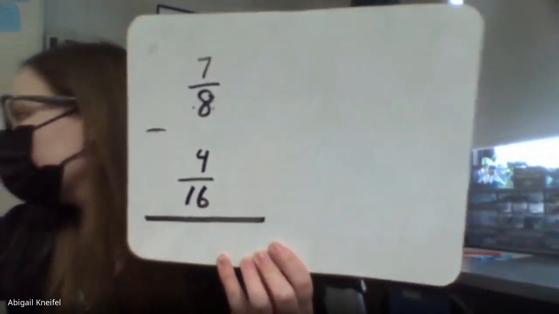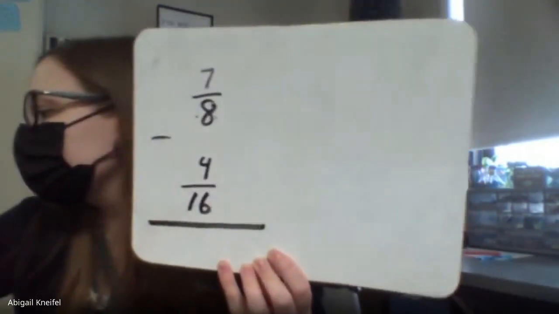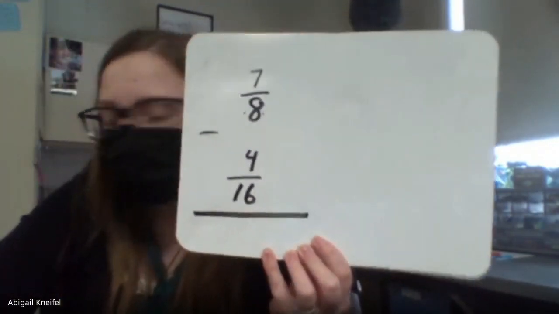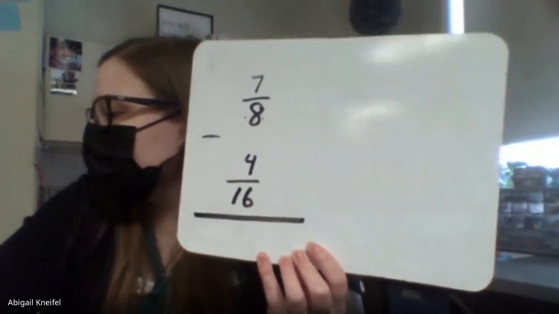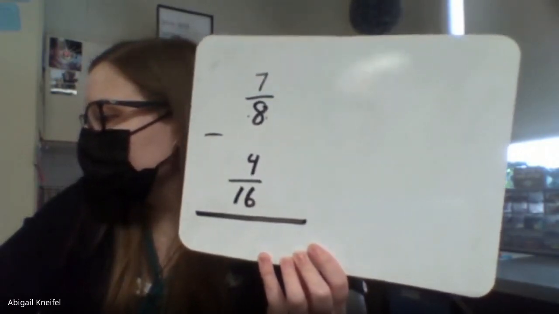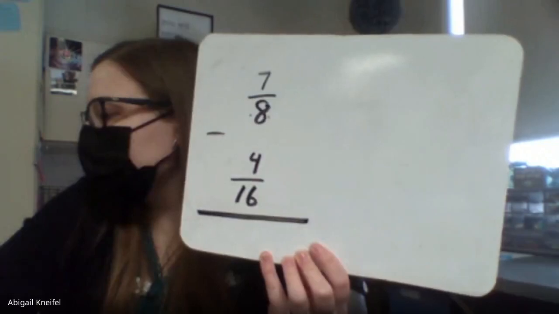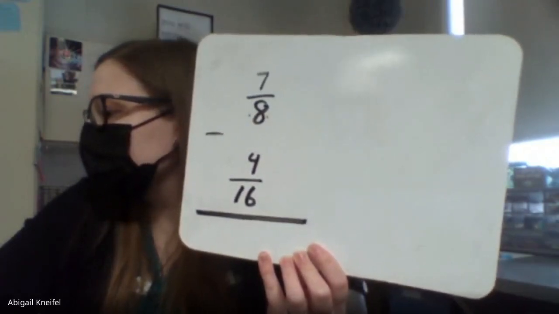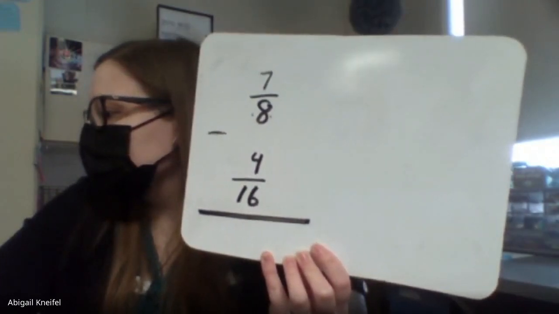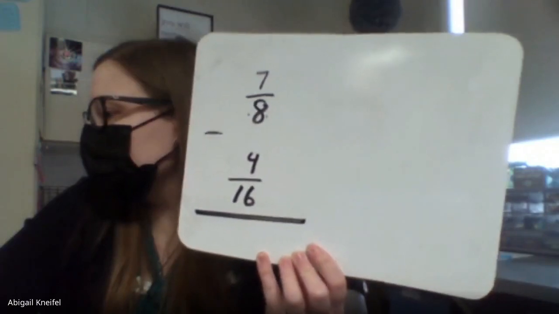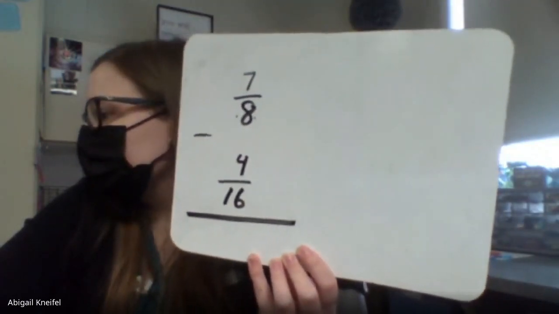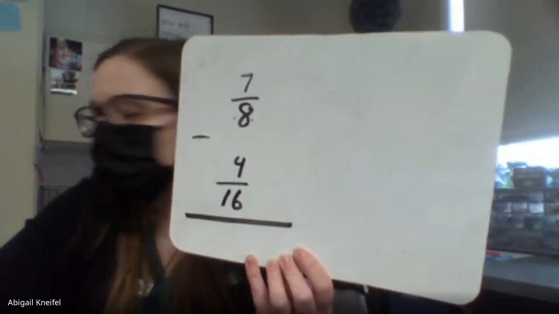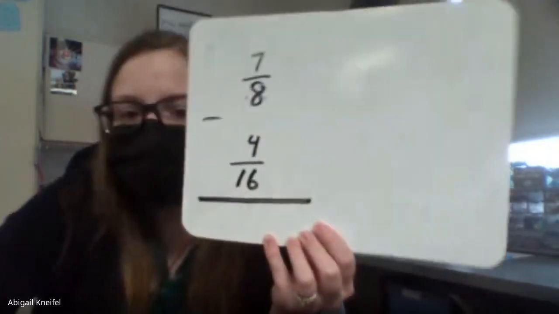So find the common denominator and change it over here. Okay. Now subtract. Perfect. Now simplify. Those are both even. This one you can simplify on, friends.